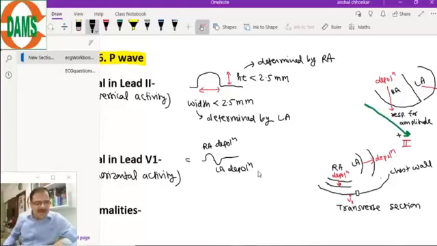So it is a biphasic diagram. It will show the first deflection as positive, and the next deflection will be negative.